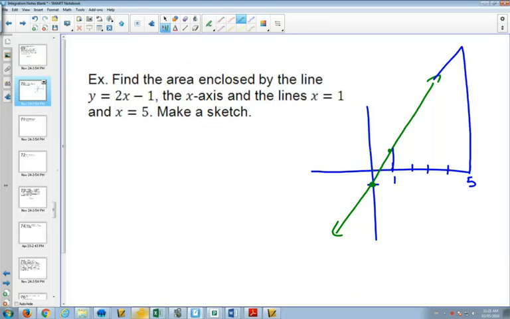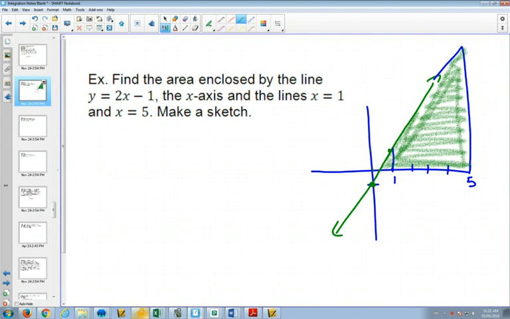So I'm going to color it in. Ooh, love coloring with crayon. There we go, perfect. So we're looking for that area. Oops, I colored too much, didn't I? Perfect. Now you just have to imagine everything in there.